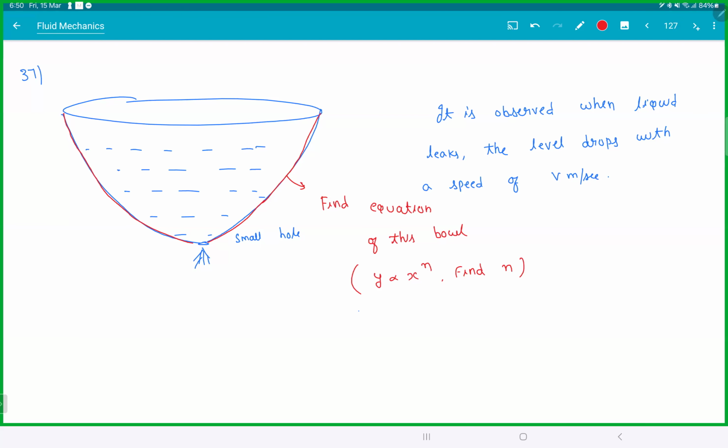Try. In this bowl, when you have water and it leaks from the bottom part, it is observed that the liquid just goes down at a constant rate, which is not true if you take a uniform container. Find the equation of the bowl. Since it's an integer question, I'll ask you like this: y is equal to x power n, find n.